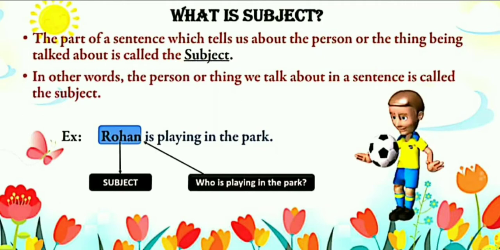So, the answer is Rohan. And here we are talking about the person. Rohan is the one who is playing in the park. So here Rohan is the subject. So the person or thing about which we talk in a sentence is the subject.